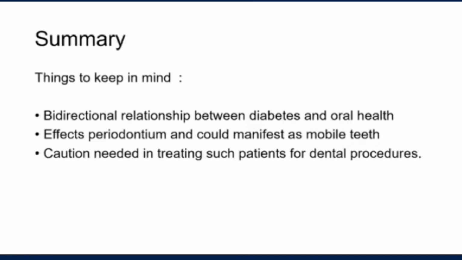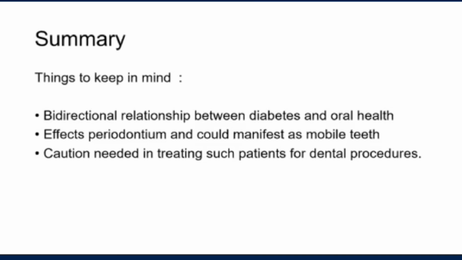Summary: all points I mentioned are basically related to the bidirectional relationship between diabetes and oral health. Second, sometimes the patient's chief complaint is just bleeding from the gums or mobility of the teeth. So this sign alone can be a danger sign for the patient when we have to check it.